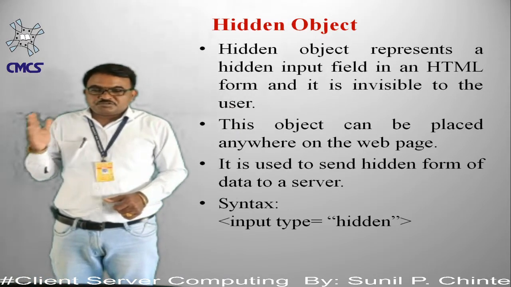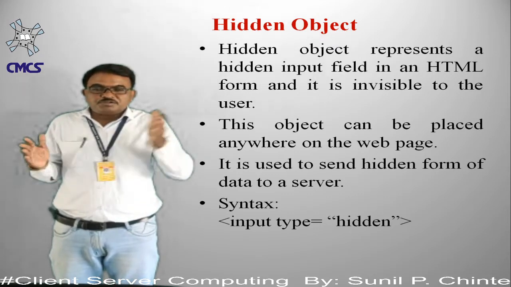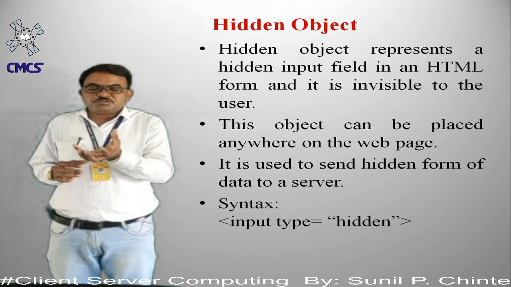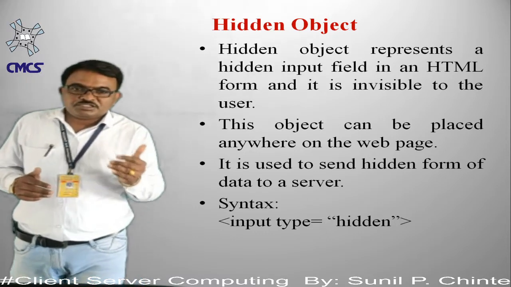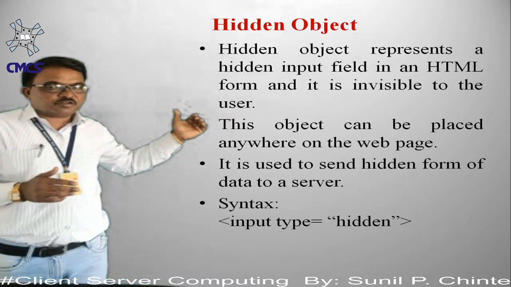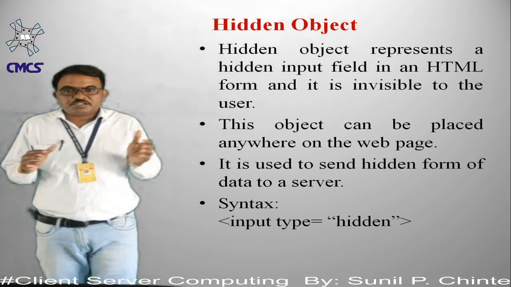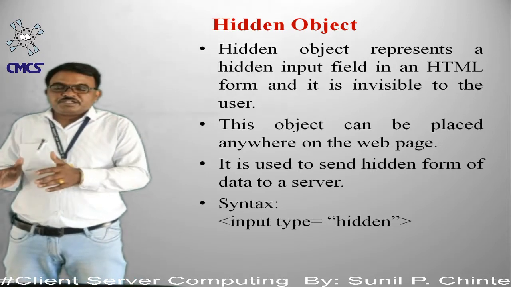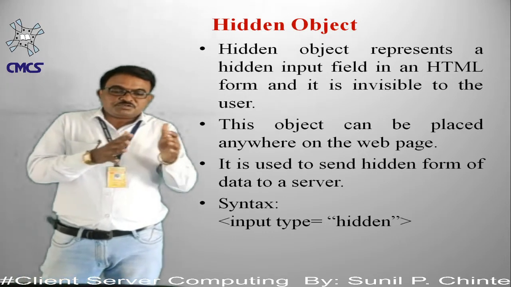Suppose the user wants to send some data from client to server in a hidden form that will not be visible to the user, then the hidden object is used. This object can be placed anywhere on the web page and it is used to send data in hidden form to the server.